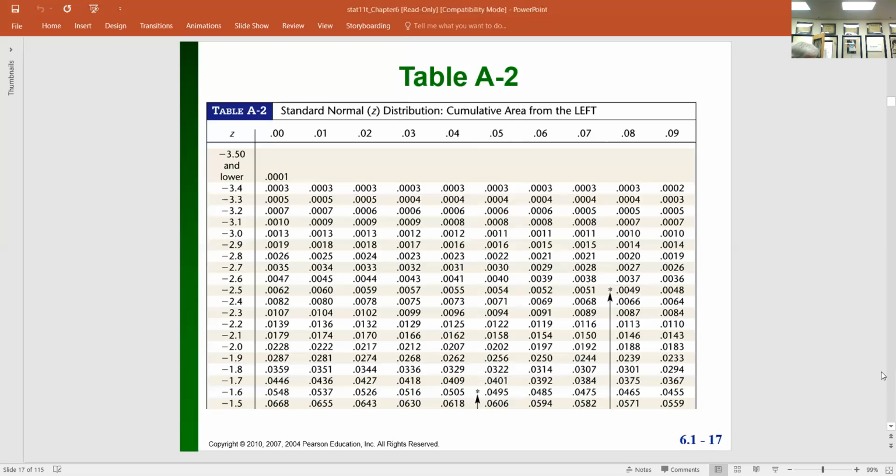We can look at the area to the left of our score, and we can use that to calculate the score. Let's look at number 9. We've got an area of 0.6, and we want to know what the z-score is. In other words, how many standard deviations away from the norm.